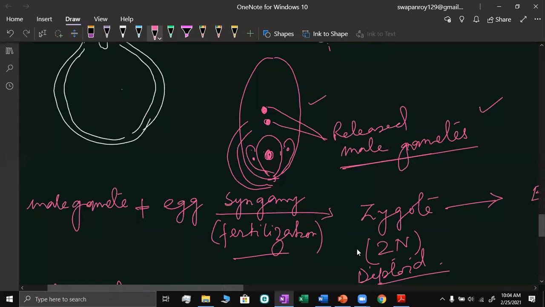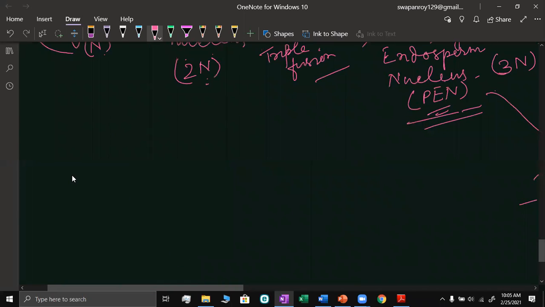So two male gametes are fertilizing two cells. This is two fertilizations, so we call this process double fertilization.